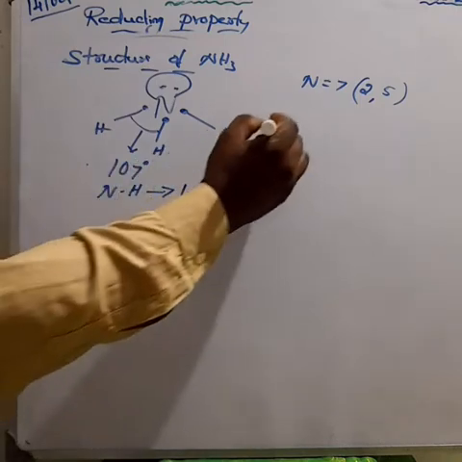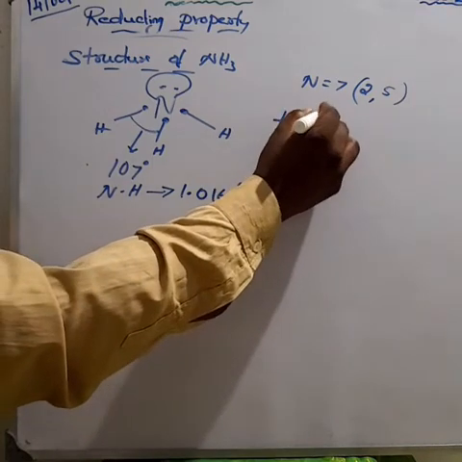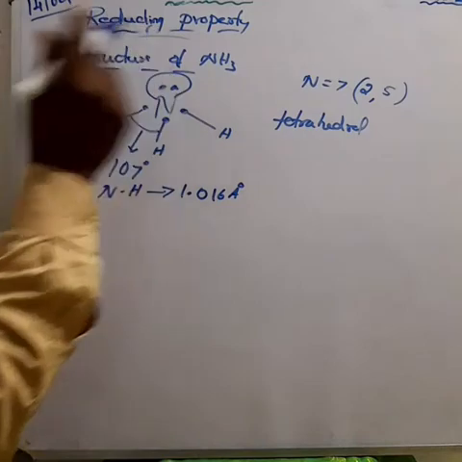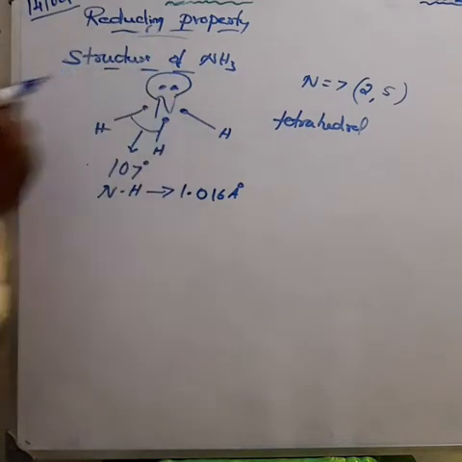Anyway, ammonia is regarded as tetrahedral with one lone pair of electrons, because they have one lone pair of electrons, so we consider it a tetrahedral position. But it becomes a pyramidal shape. Don't forget that. The ammonia molecule is which shape?